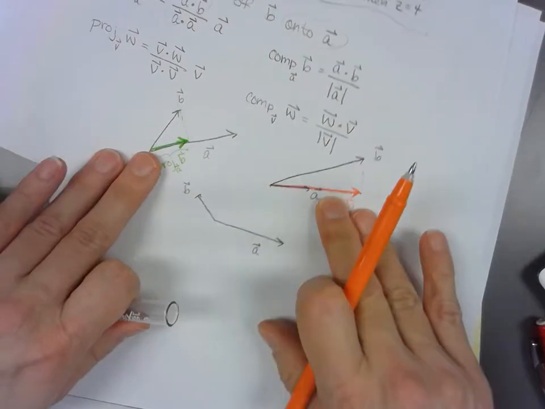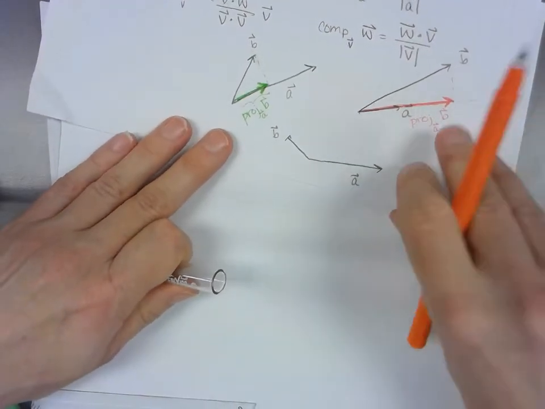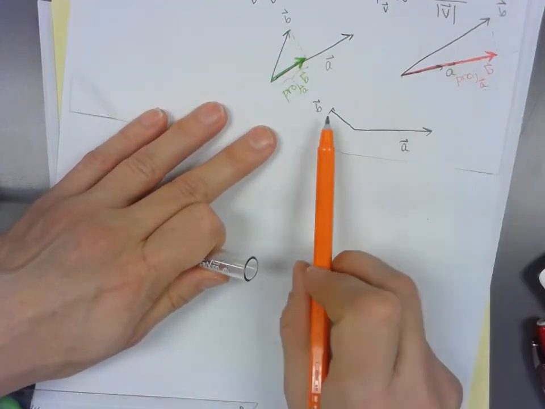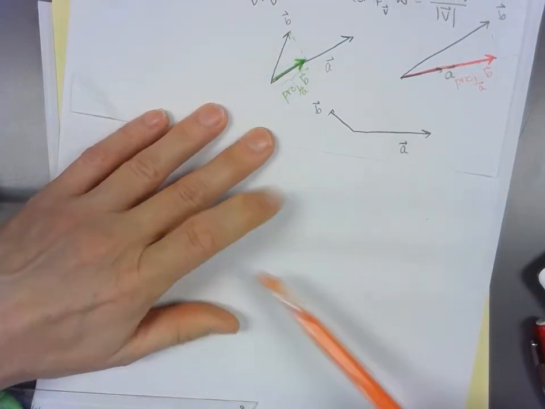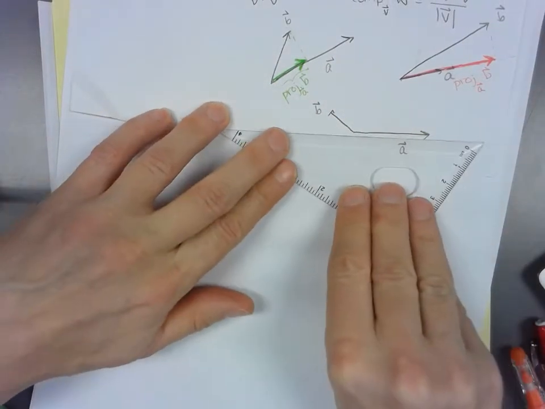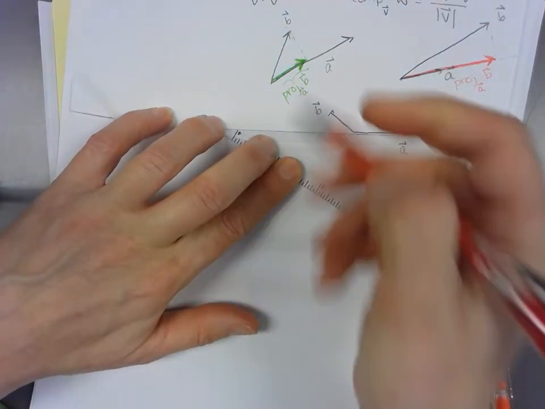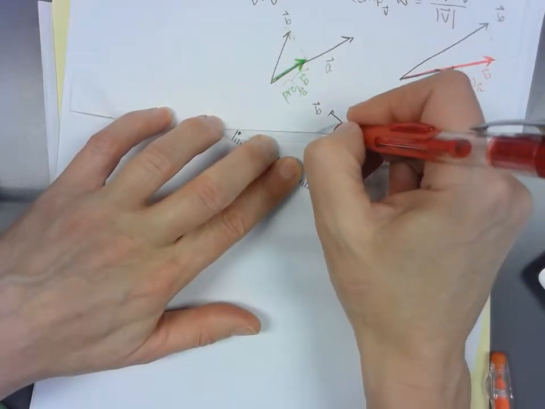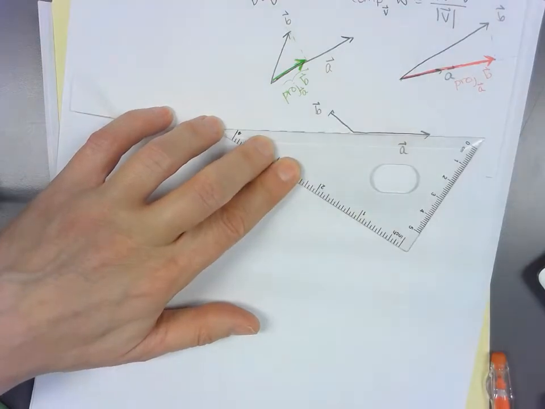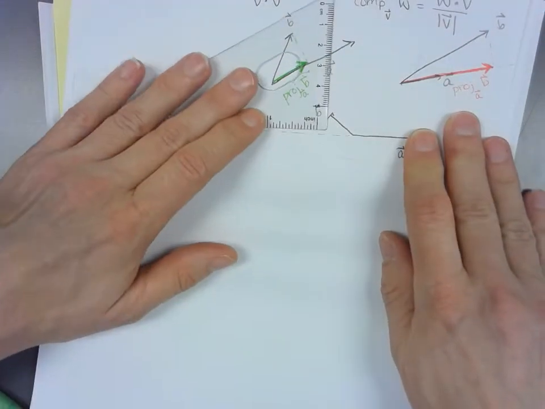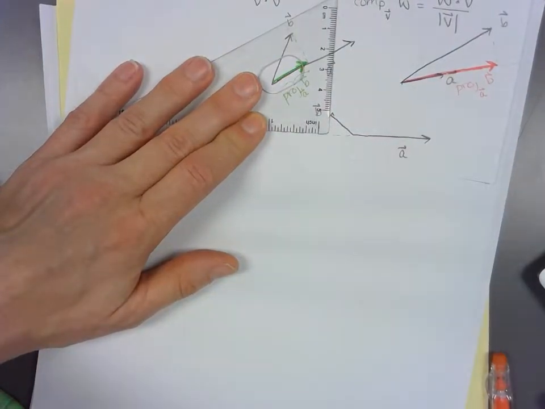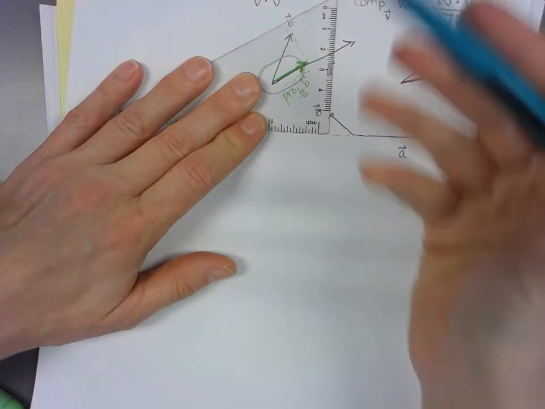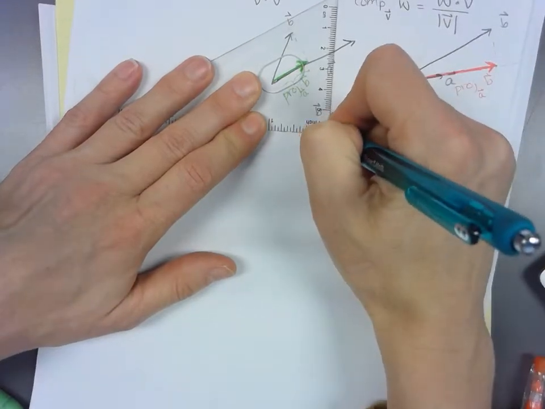What about this third picture? B's not even going to hit A because it's going in the wrong direction. Then you just extend A in the opposite direction. But then you do the same thing: where is the sun, where's the shadow going to be? Now the sun's going to come down and hit right there.